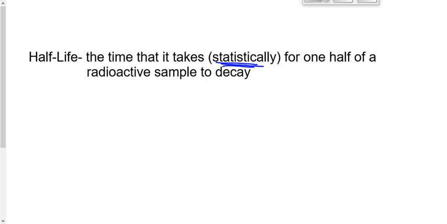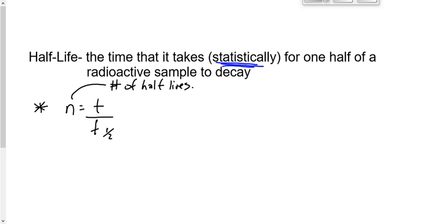A couple of equations. The first one I'm going to put over here and I'm going to star it because it's not on your data sheet. N stands for the number of half-lives. The number of half-lives that have elapsed.